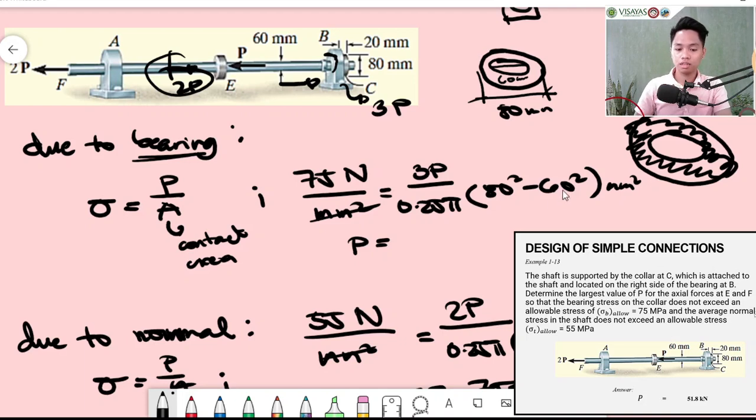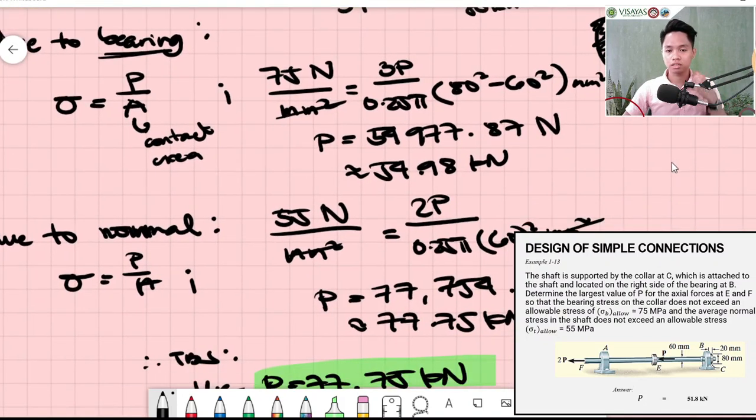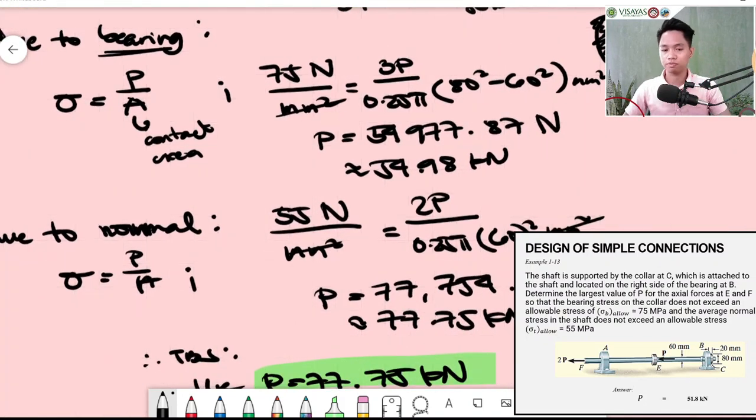That is 54,977.87 Newton. Therefore, this would be equal to 54.98 kilonewton. So, still not it, but it is lesser. Compare this, right? It is closer to 51.